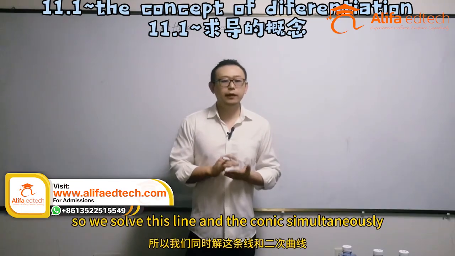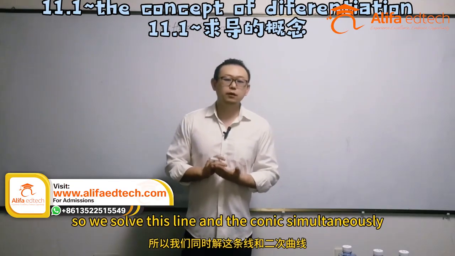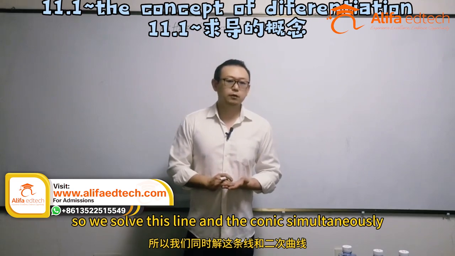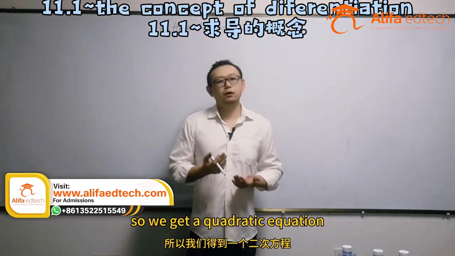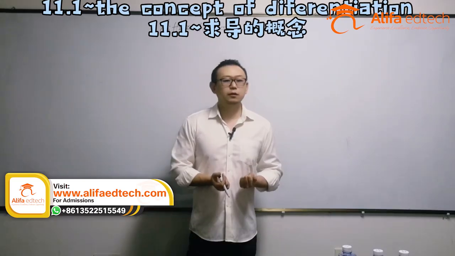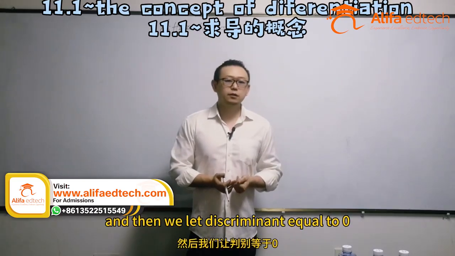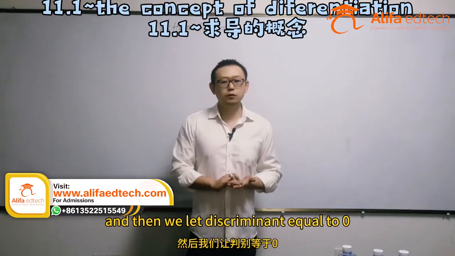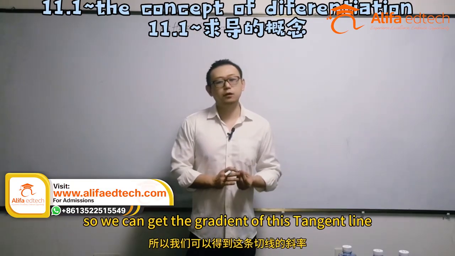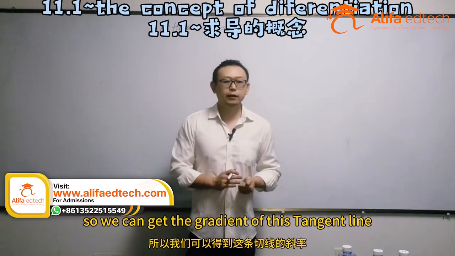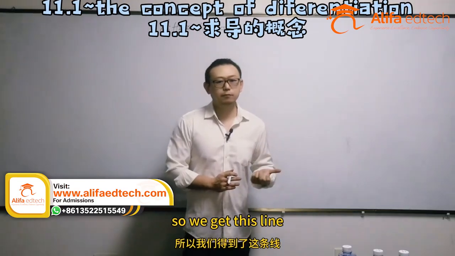So we solve this line and the conic simultaneously, and we get a quadratic equation. Then we let the discriminant equal 0, so we can get the gradient of this tangent line, and so we get this line.